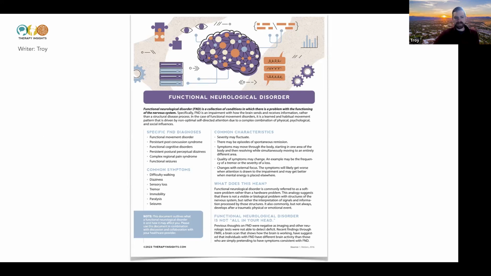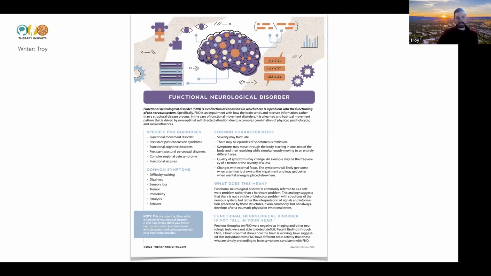So common things are, like I said earlier, tremors, paralysis, immobility, seizures, dizziness, and significant walking deficits with abnormal movement patterns. Very frequently, you can visually see the impairments for individuals. Characteristics associated with this over other pathologies that look similar but are more structural in nature: the severity of symptoms might fluctuate significantly.